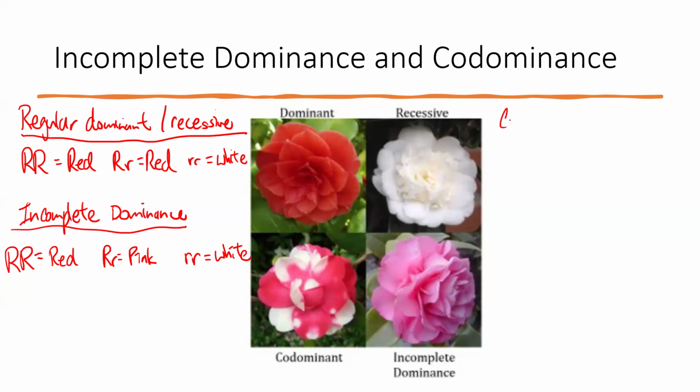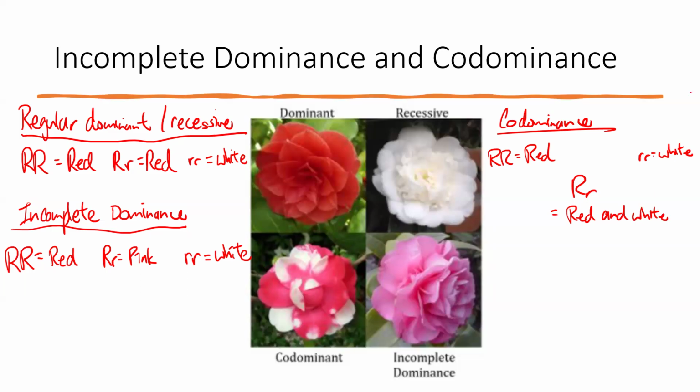And then there is another one called codominance. Big R is red once again. Small r is white. And then big R, small r would be red and white. Like this one here, it's like both petals show up.